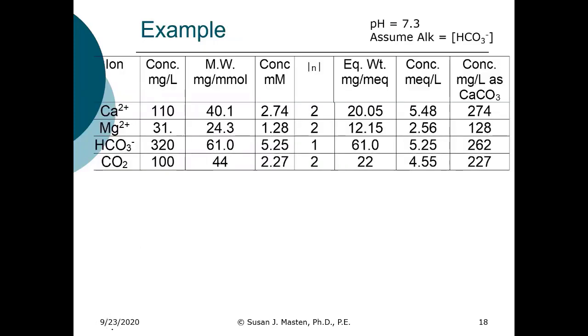So I've tabulated the data here. This is the starting data, the data you're given. The next thing we want to do is calculate the molecular weight, or look up the atomic weight. So I have the atomic weights or the molecular weights for these compounds: calcium, magnesium, bicarbonate, and CO2. The next thing we want to do is calculate the concentration in millimoles.